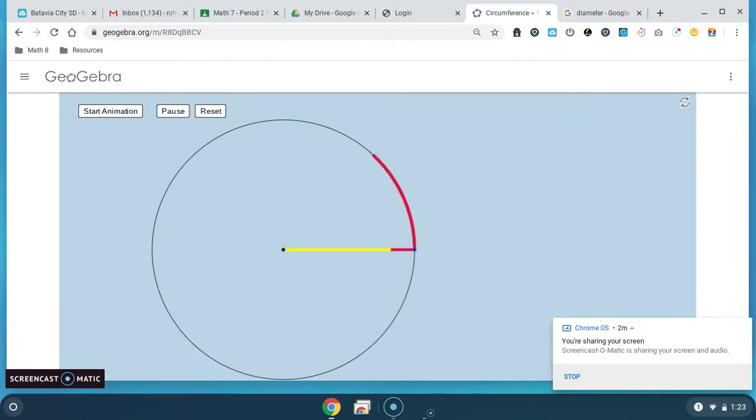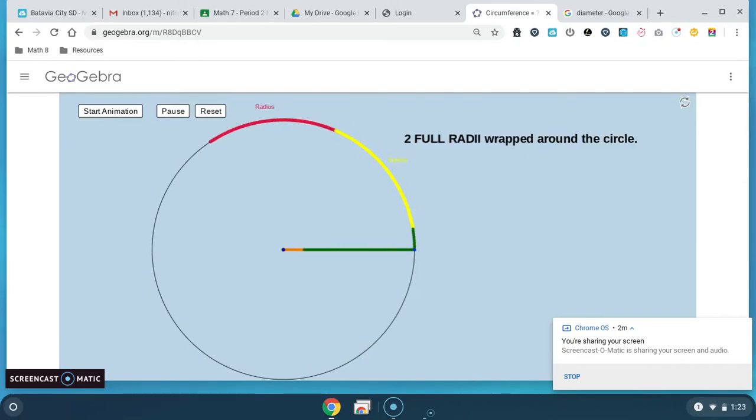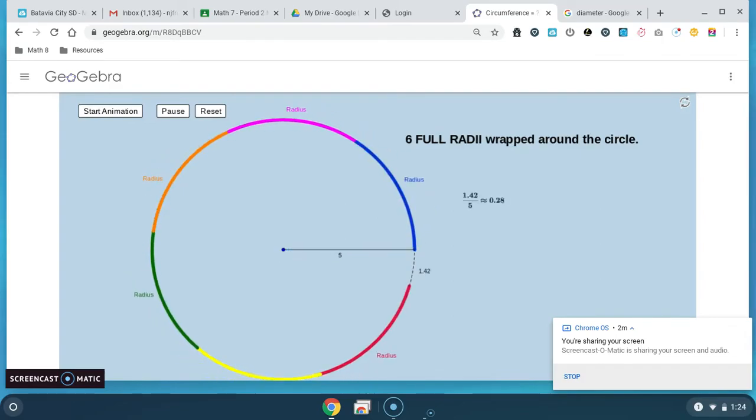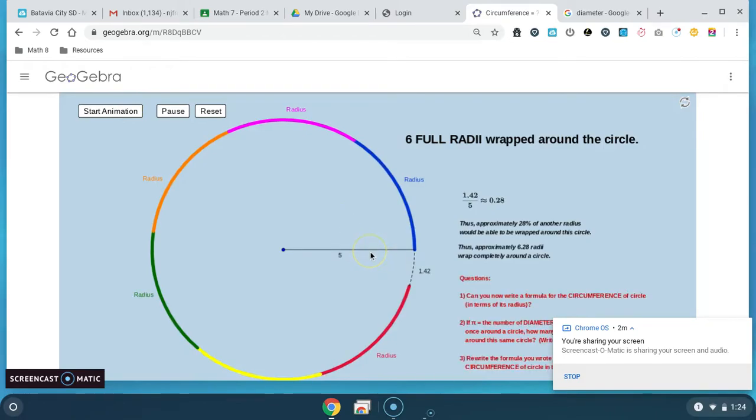So as you can see, you have 1 radius that's been wrapped. You have 2 radii. There's 3 radii. That's 4 radii wrapped around the circle. That's 5 radii. That's 6 radii. And we have actually 28% of the radius left, which is about 1.42, like it's saying here.